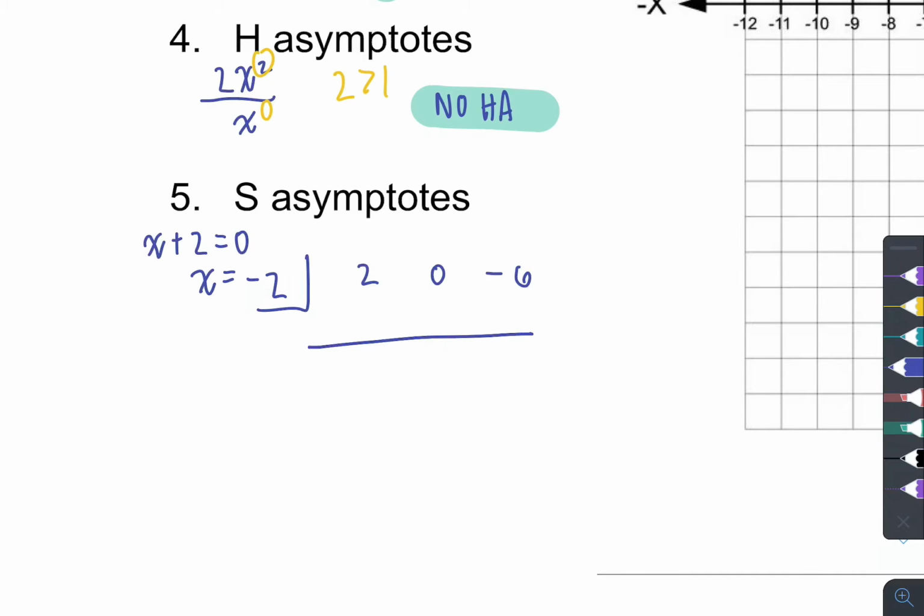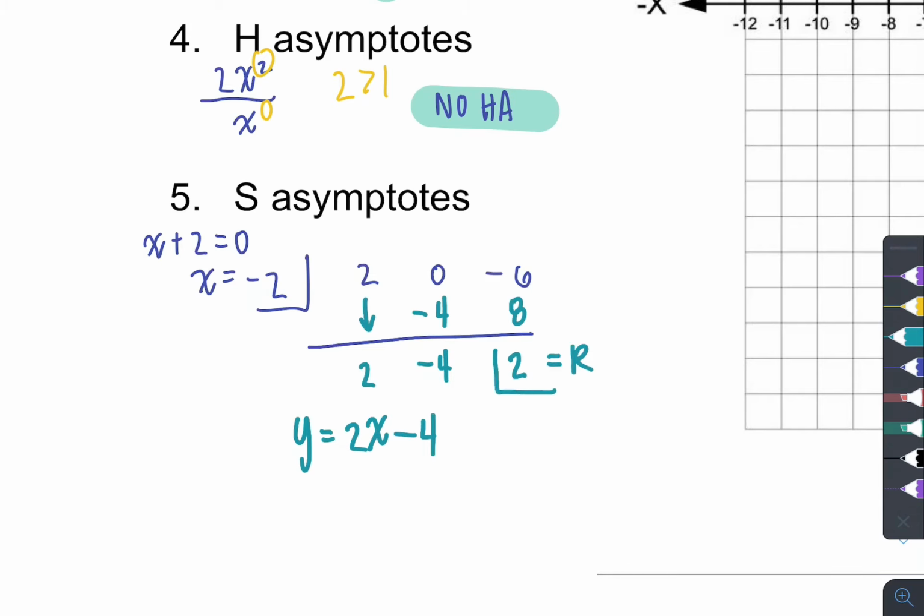Come down here and do my synthetic division. We're going to drop down that 2, multiply, add, multiply, add. We're going to forget our remainder, but our line will be 2x minus 4 for that slant asymptote.